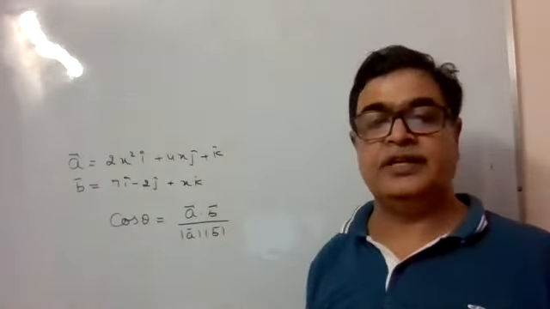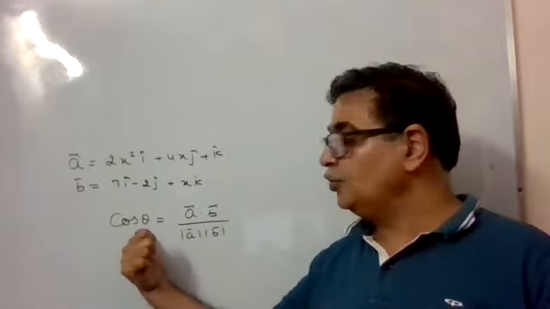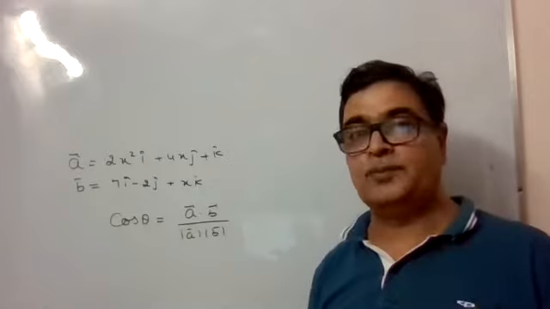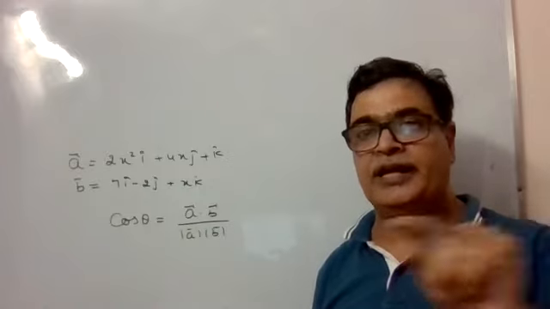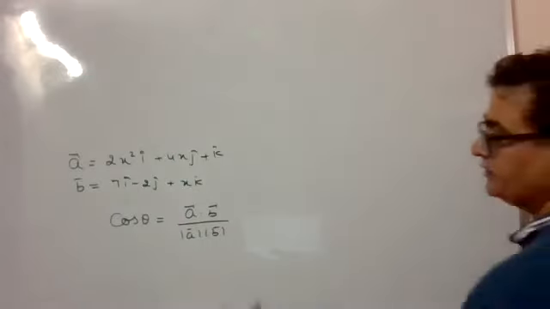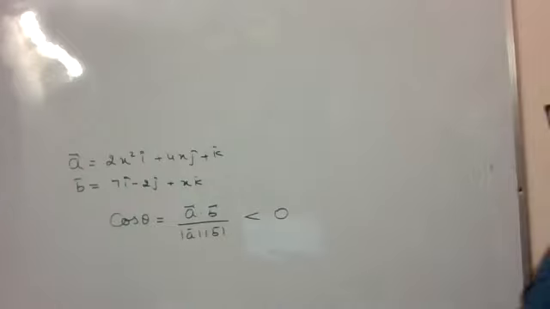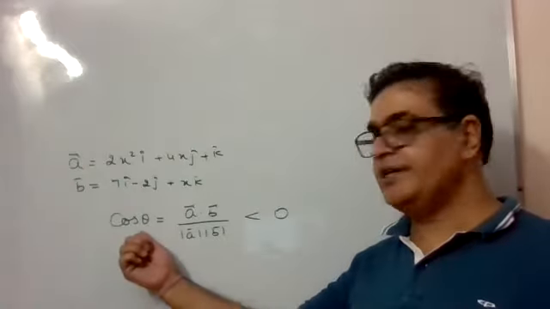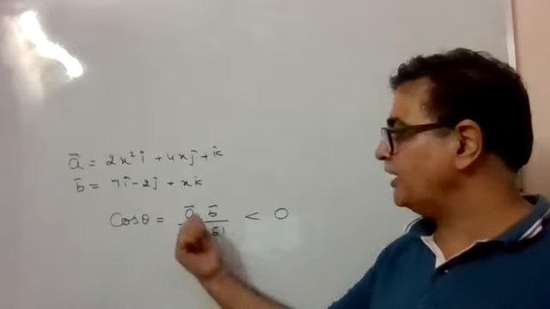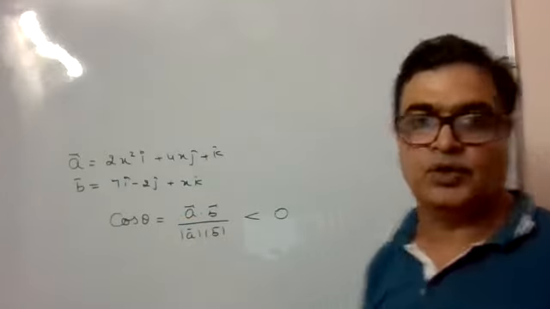And now they want the condition that this angle is obtuse. If theta is obtuse, then cos theta has to be negative, because it goes into the second quadrant. If cos theta is negative, this quantity must be negative. So for an obtuse angle, cos theta is negative, or A dot B by magnitude A magnitude B is less than 0.